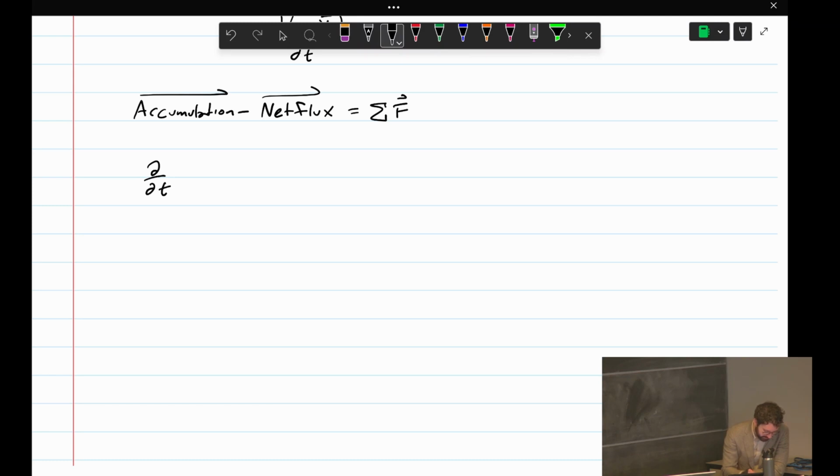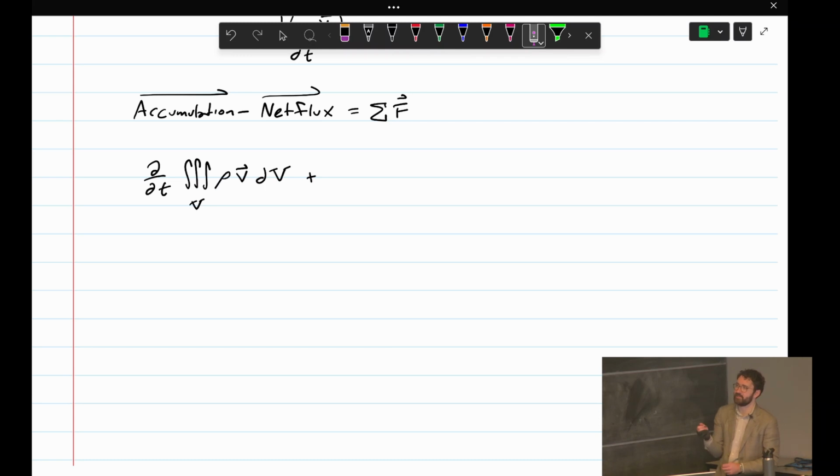So this is partial by partial t of rho v dV. Okay, so pay attention to my v's. The v with the ticks on the end, this v, that's volume. So we're doing the time rate of change, partial by partial t, of rho v, vector v.